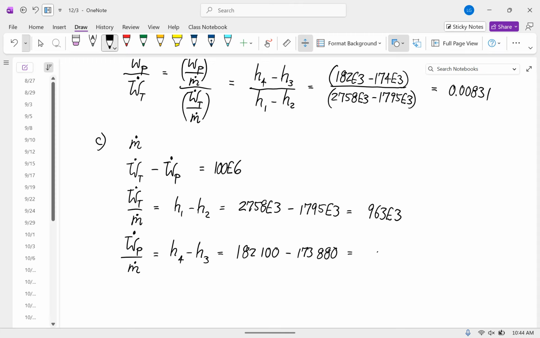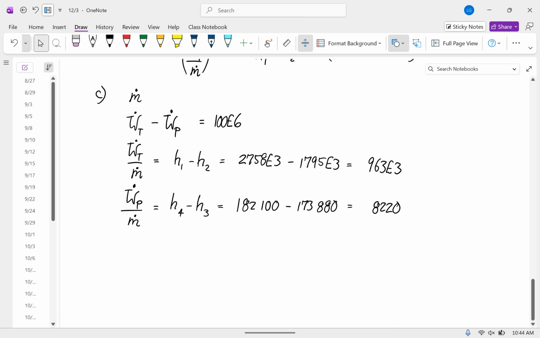And so this is 8,220. And so you can think of this as (WT dot minus WP dot) divided by M dot.